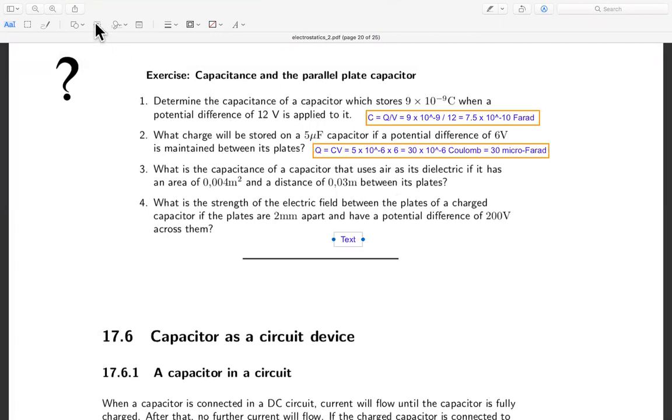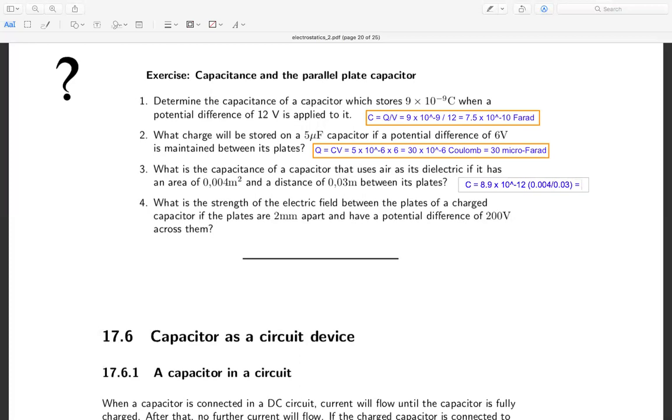We have C equals permittivity times A over D. I directly use this number, 8.9 times 10 power minus 12, this is the permittivity, and then times A, which is 0.04, and D is 0.03.